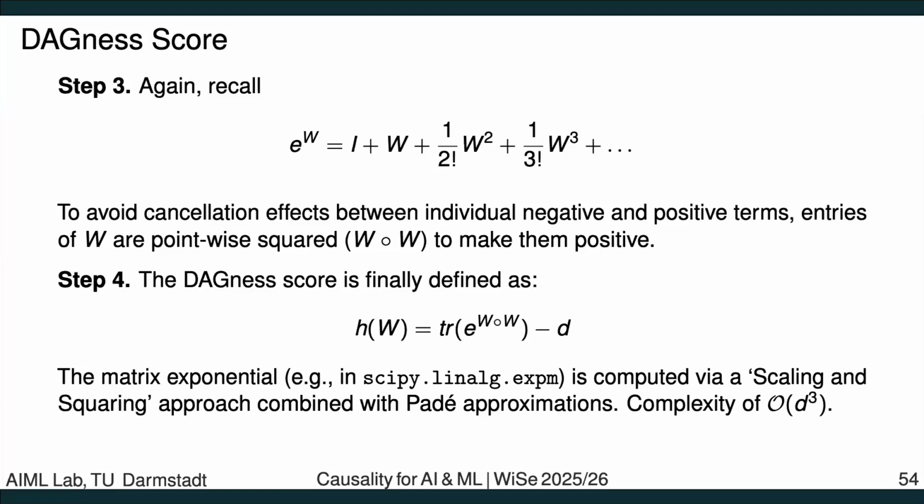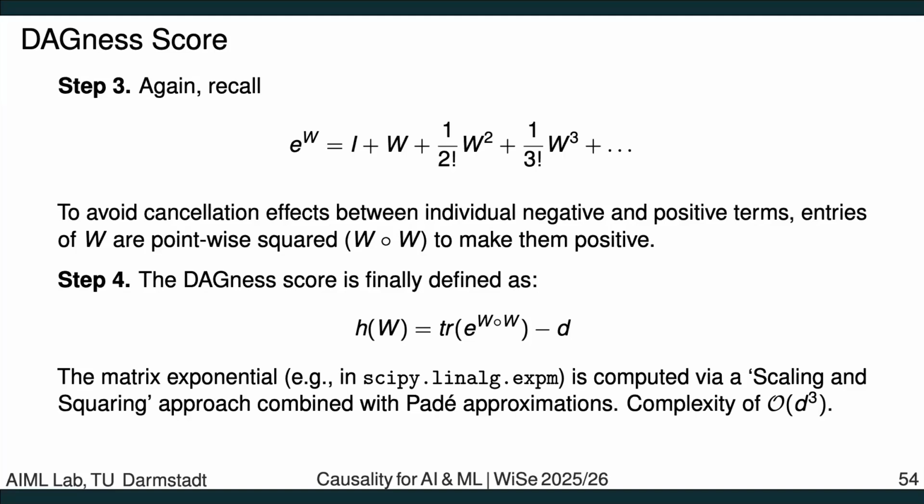The thing is, if we were to compute this matrix exponential via this Taylor series, we wouldn't have gained anything, right? Because then again we would need to compute all of the matrix powers. But the nice thing is, this exponential can be computed in different ways. There is an approach called scaling and squaring.